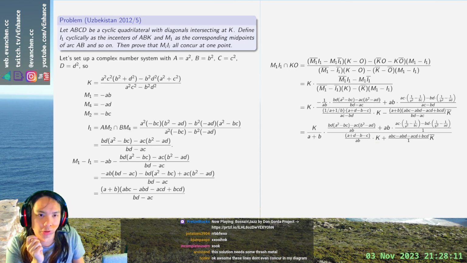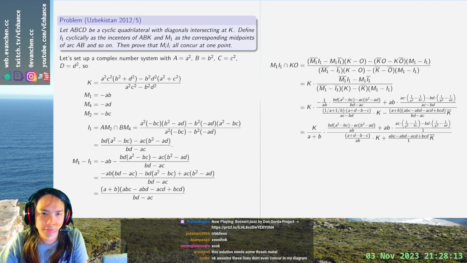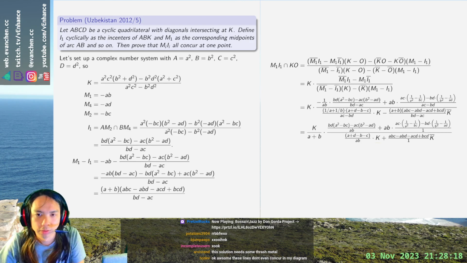So let's pre-compute the conjugate of k, which is actually quote-unquote the nicer of the two things.